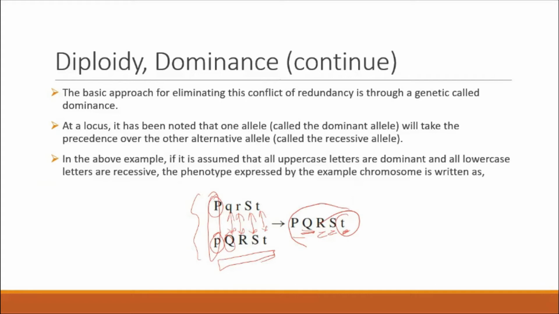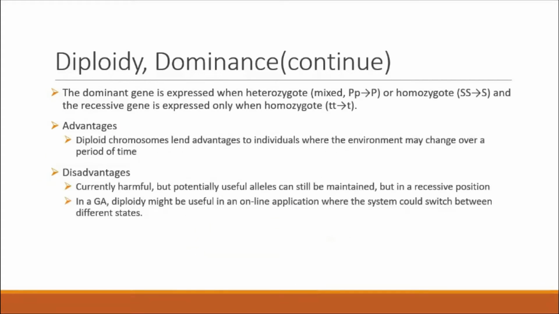That is our assumption. Then the dominant gene is expressed when it is heterozygote, that is a mixed Pp, then capital P comes up, or homozygote, capital S, capital S, then again capital S comes up. And the recessive gene is expressed only when the homozygote, small t, comes up.